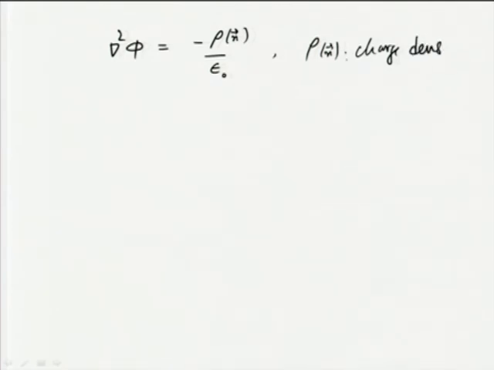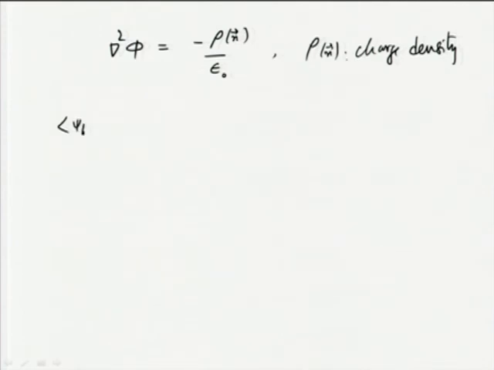We are talking about electrostatics, and therefore del square phi should be equal to minus rho over epsilon 0, where rho is the charge density. This rho is different from the rho we considered earlier. It is the electrostatic charge density. For example, for a point particle, this rho would be a delta function.